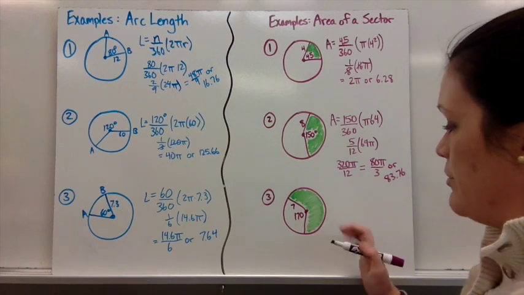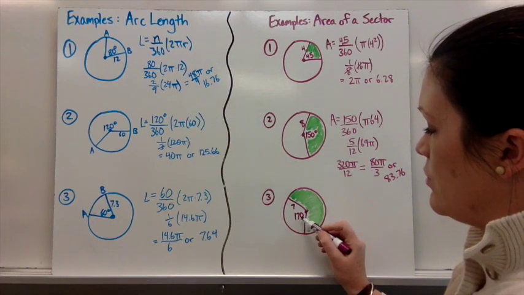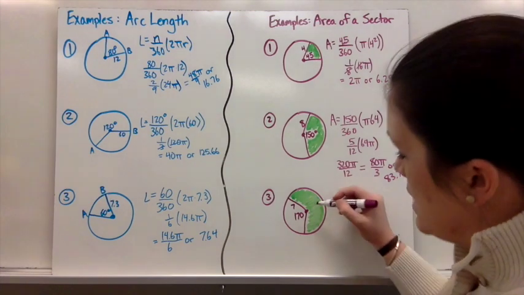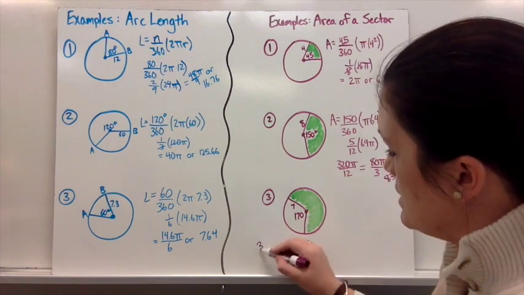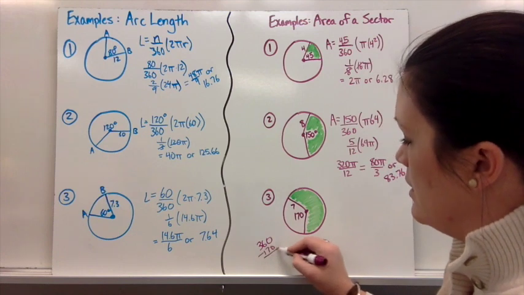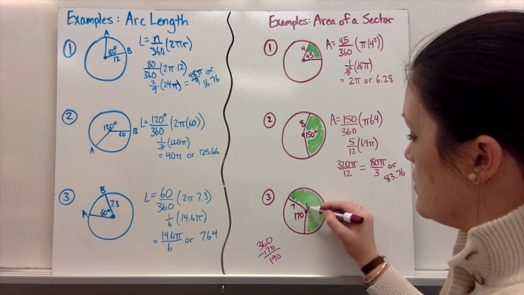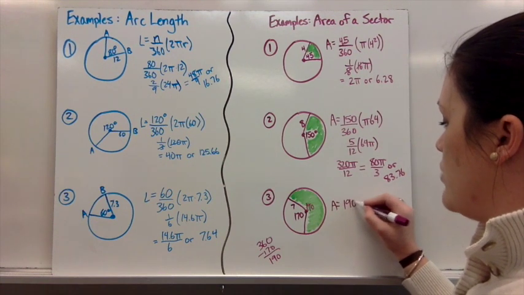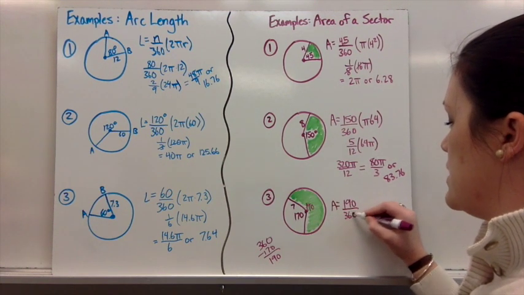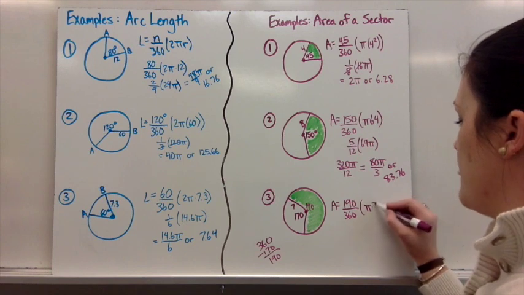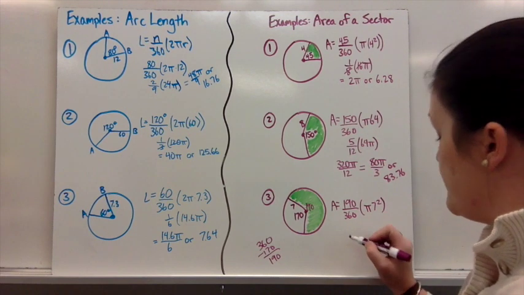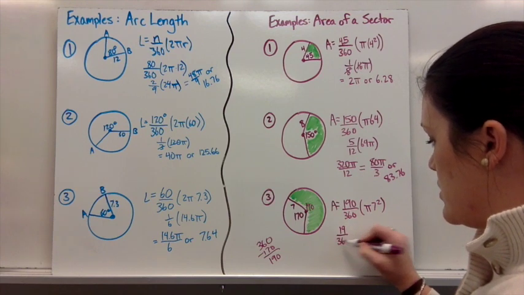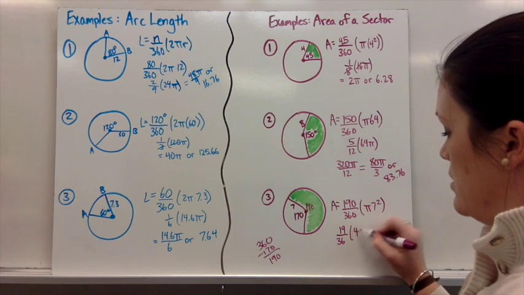Now this last example gave us the measure of the angle that's on this side, but we really need the measure of the angle that's in that shaded area. So we would say 360 minus the 170 leaves us with 190. So if this is 190, that is the one we need for our formula. So we have 190 divided by 360 times pi r squared. So pi times 7 squared. 190 over 360 will only reduce to 19 over 36.